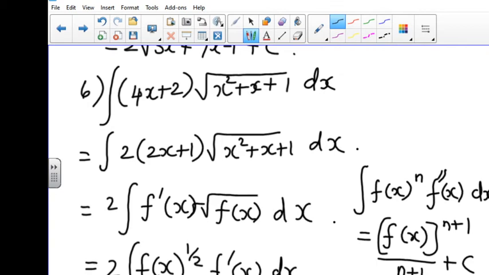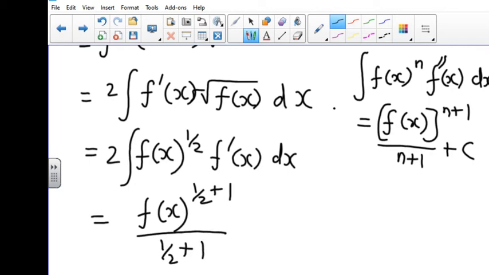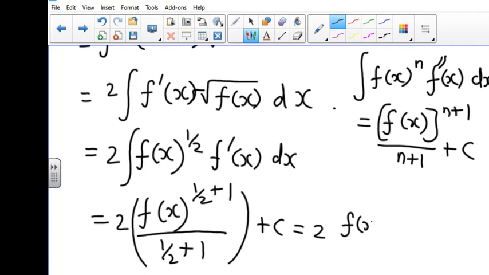So we apply f of x whole to the power 1 by 2 plus 1 divided by 1 by 2 plus 1, with the 2 in front, plus c. This is 2 into f of x whole to the power 3 by 2 divided by 3 by 2 plus c.